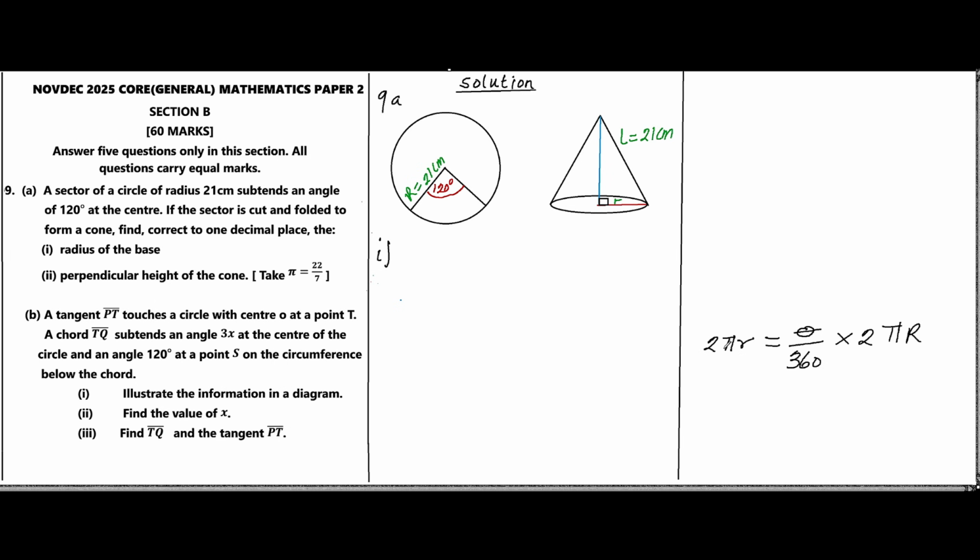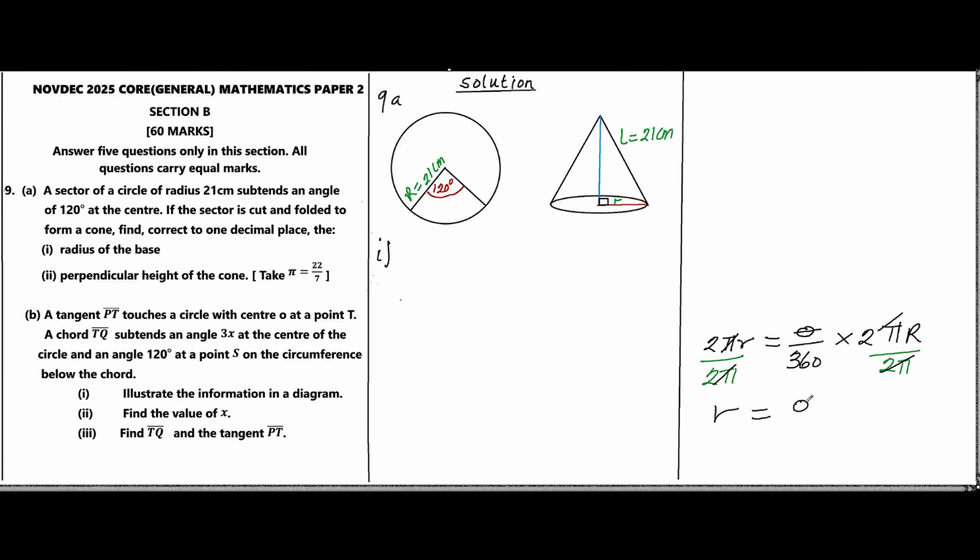Now, since we are looking for the radius, what do we do? We divide each side by 2 pi. So the whole of this side by 2 pi. So this 2 pi will cancel out, leaving r on the left. And then this 2 pi will also cancel out.